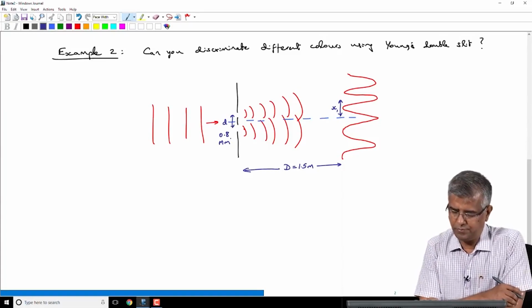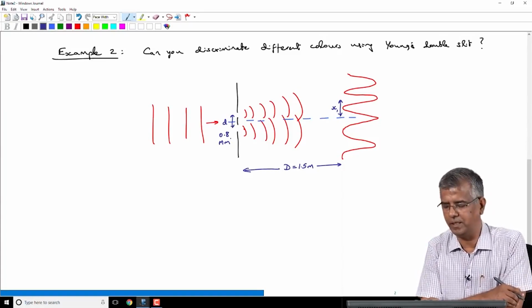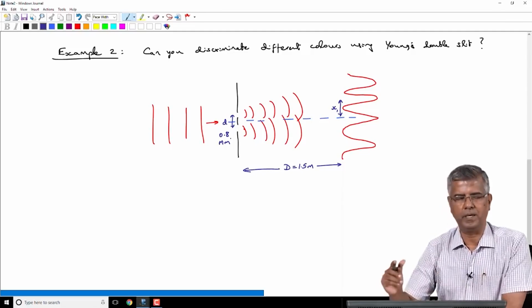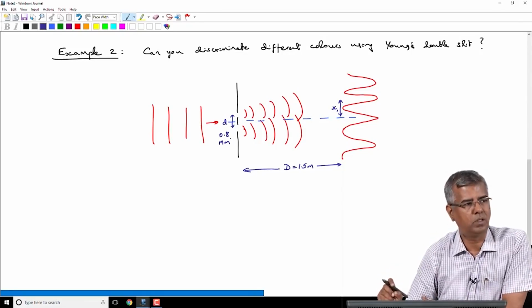So, we want to see if we can discriminate different colors. In other words, let us say we want to see if we can separate out red color from orange color. Okay.